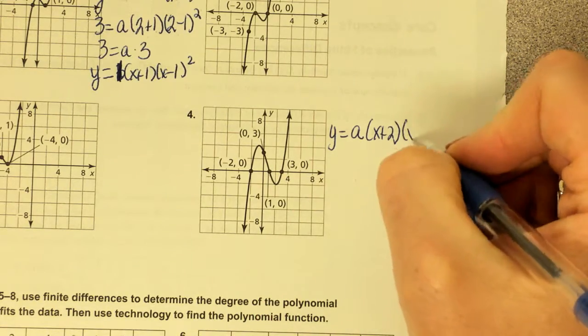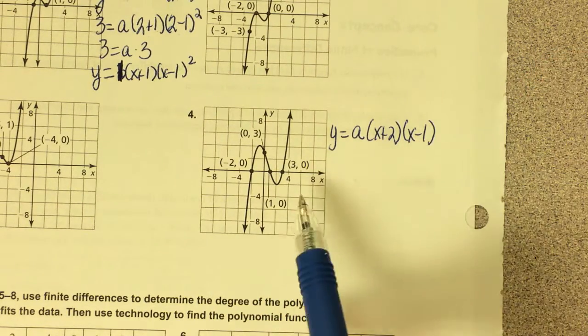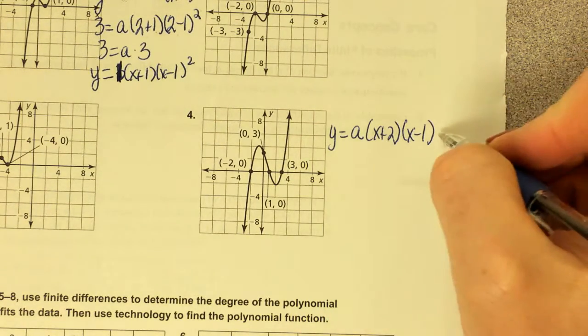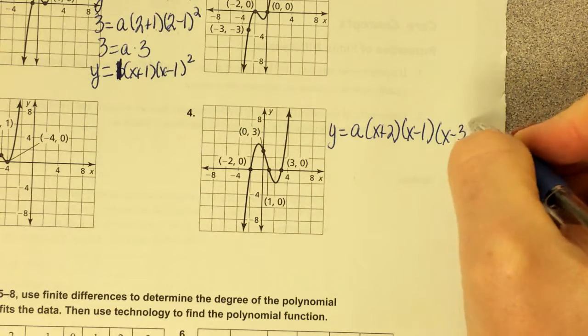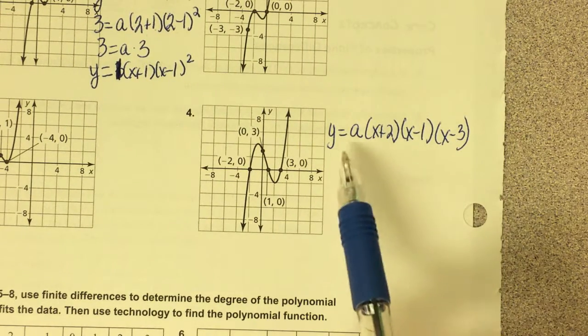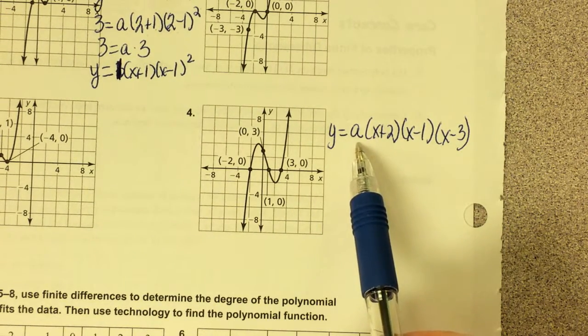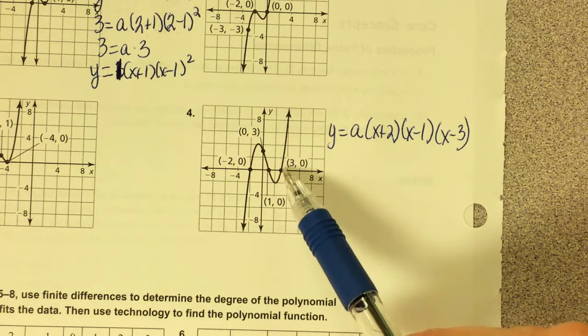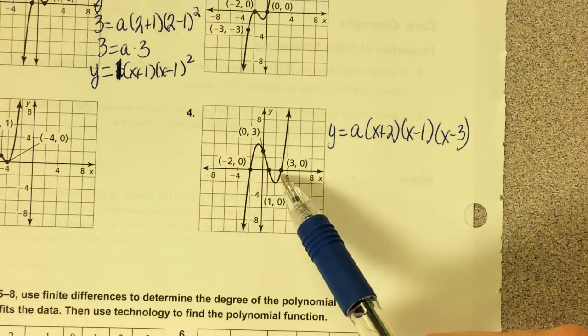Drew, what's the next factor going to be? And then Dominic, do you remember what I do to figure out what A is? Is there another point on here, Dominic, that's not an x-intercept that we could use?